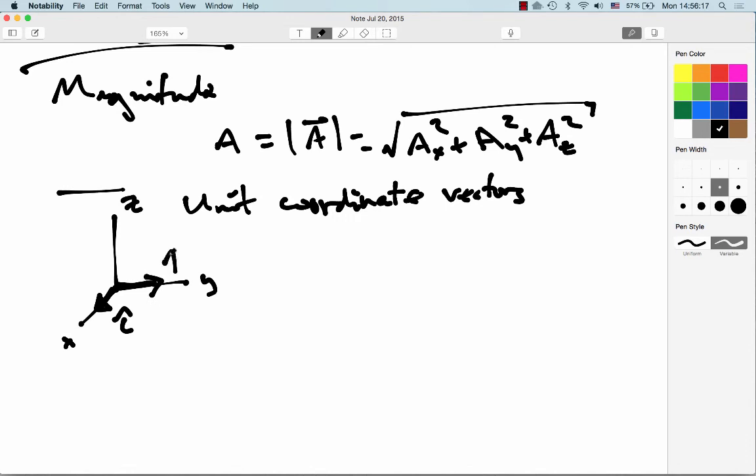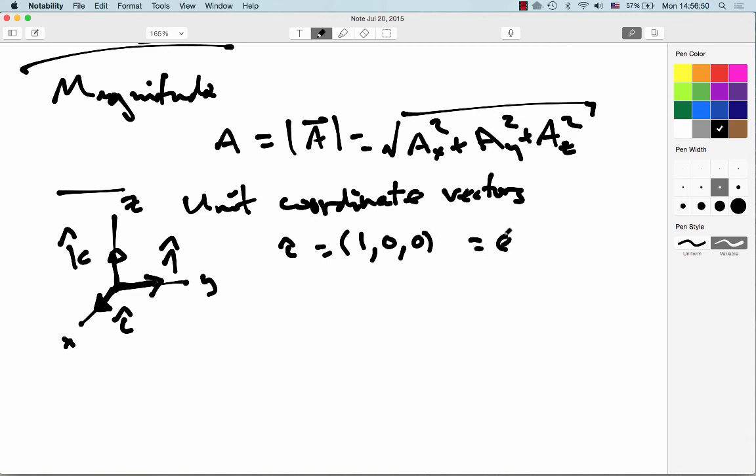Similarly, the unit vector that points in y gets called j hat, and the unit vector that points along z gets called k hat. Notice here that when I write the i and the j, I don't put a dot in them. That's pretty standard. The little hat kind of takes the place of the dot when you write it. So anyway, that means i hat is just equal to 1, 0, 0, no units.